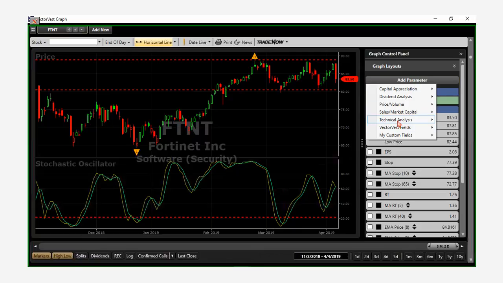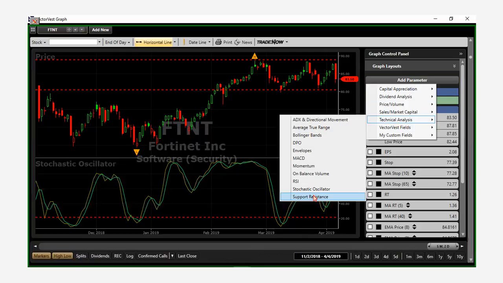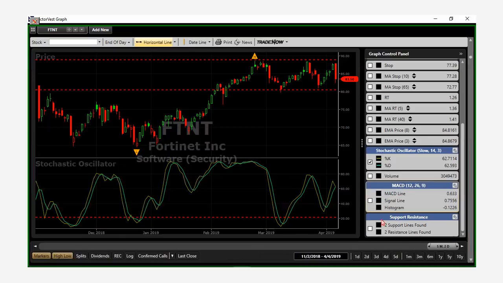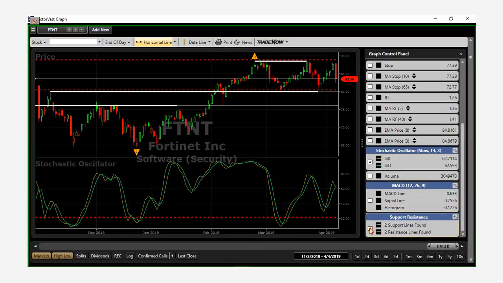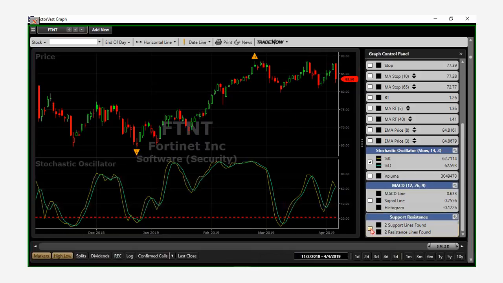But I can come up here to Add Parameter, go to Technical Analysis, select Support and Resistance, scroll down, check the box, look at that. Automatically draws those lines for you. So here, I can right click on this and just delete it, because right here we have support at $80. I can right click on that one and delete that line, and right here we have resistance at 88.47. So the VectorVest tool has a way to automatically draw those support and resistance lines for you.